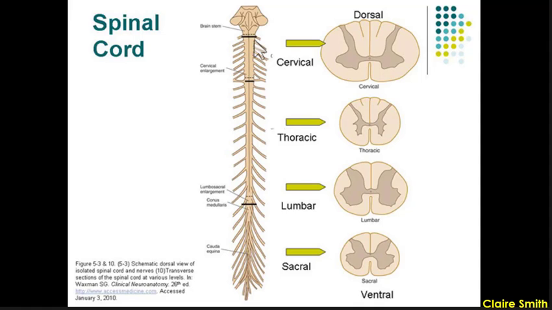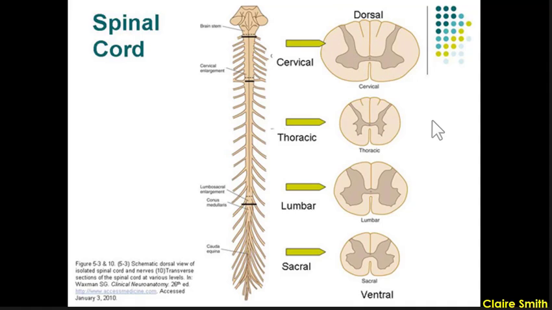If we take these transverse sections in different areas of the spinal cord, the way that white and gray matter looks, that butterfly, if you will, is going to look different depending on what level of the spinal cord you're at. The structure is a little different, but in general it always has that same general shape, and always gray matter is deep and white matter is superficial.